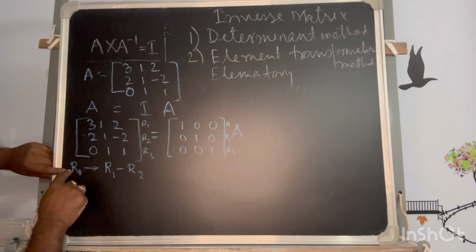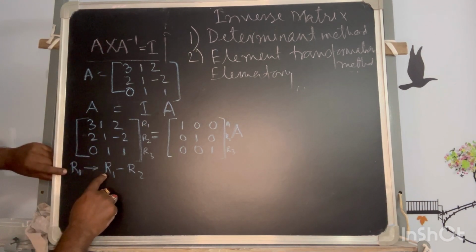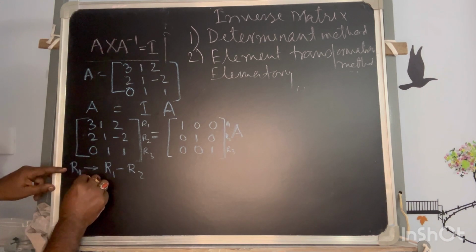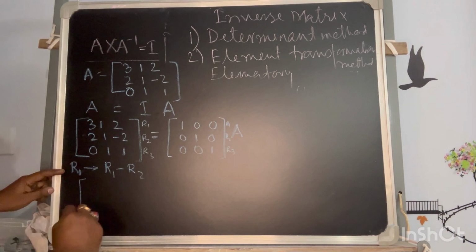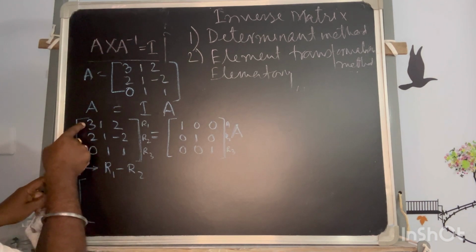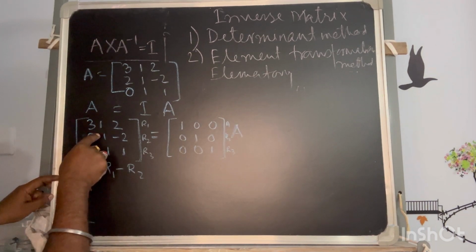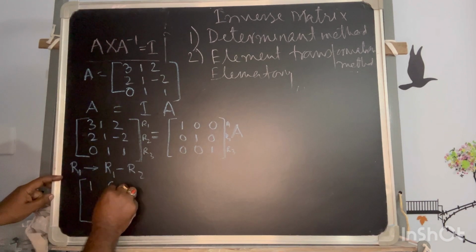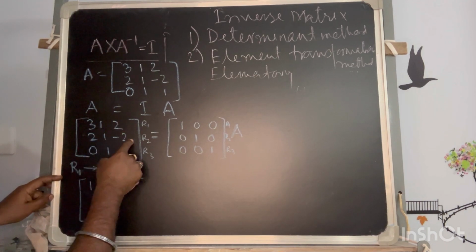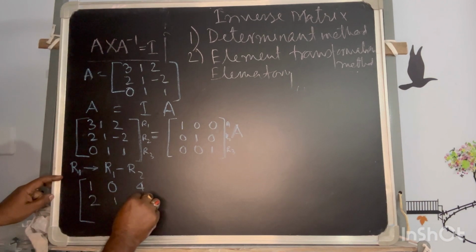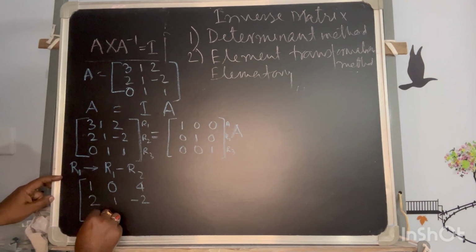Whatever operation I am doing, row 1 becomes row 1 minus row 2. So this turns into: 3 minus 2, row 1 minus row 2, becomes 1. This minus this becomes 0. This minus this becomes 4. The remaining things stay as they are, so 0 1 1.